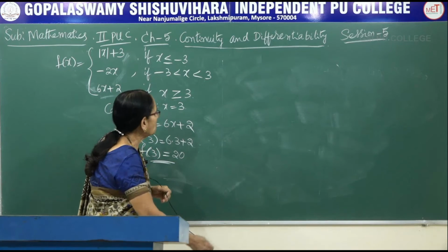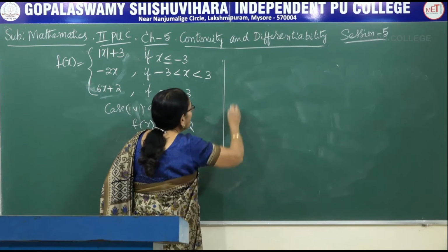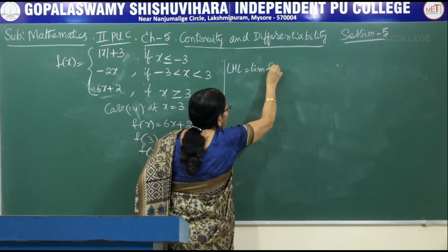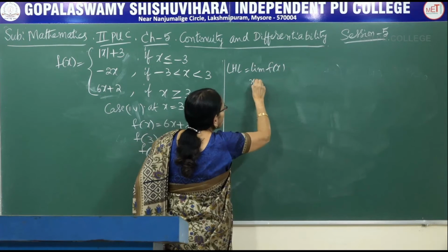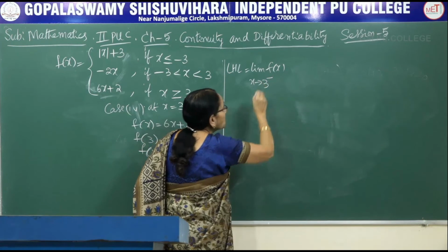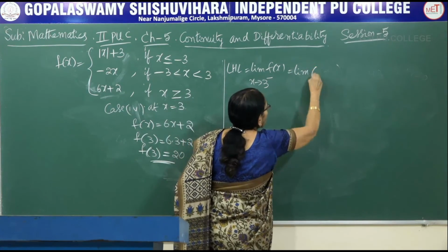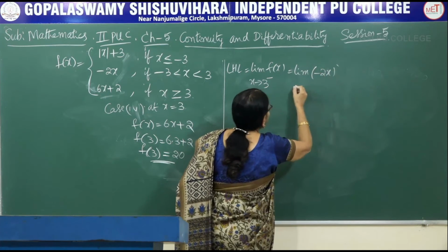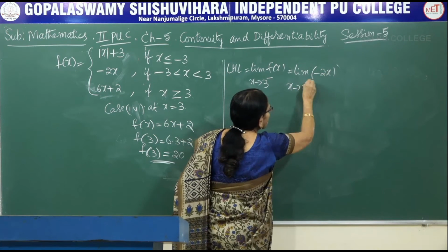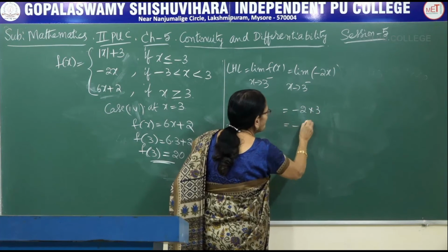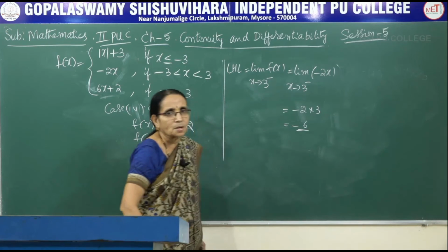Now, here itself, we will start. Left hand limit is equal to limit of f of x as x tends to 3 minus, that is equal to limit of minus 2x as x tends to 3 minus. So minus 2 into 3, that would be equal to minus 6.